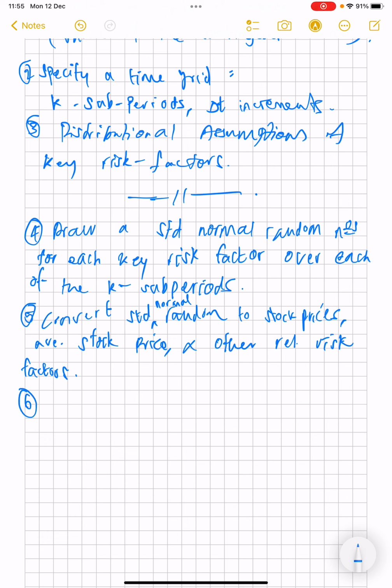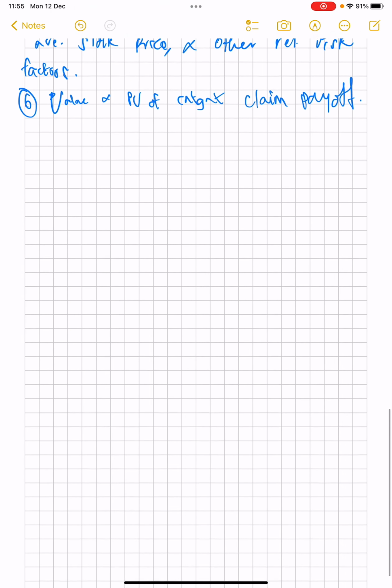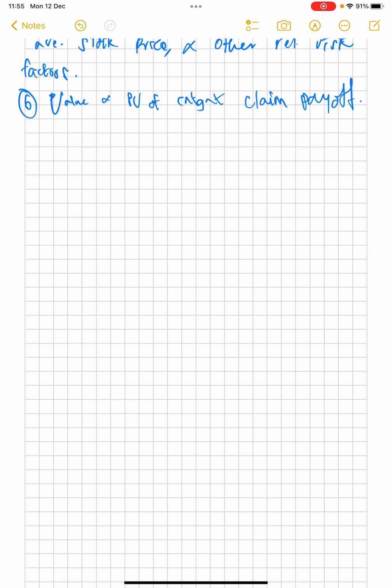The sixth is you calculate the value and present value of the contingent claim payoff. The last one is to repeat all the above steps and calculate a summarized value.